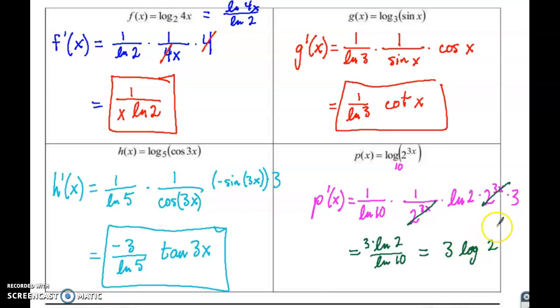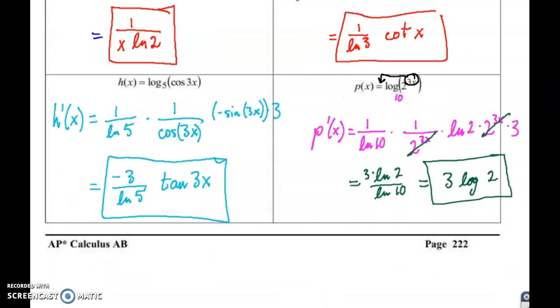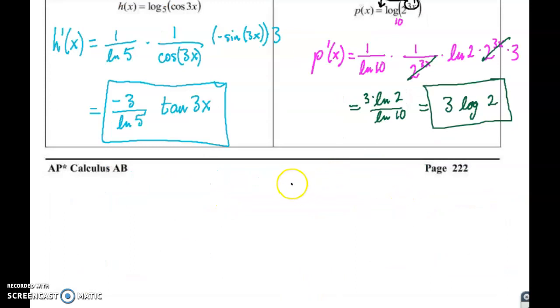Now, the reason why this should make perfect sense to you is because our rule for logs, let me go to black, is if you have a power in a log, you can move that power in front. So all you're looking at, let me extend the page, is p of x is actually just equal to 3x times log of 2.